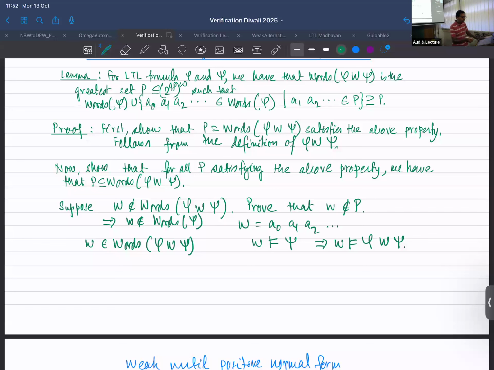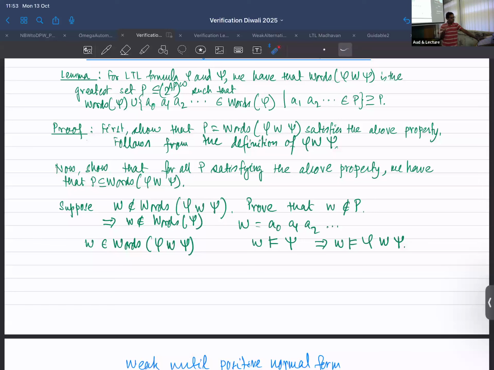So if w does not satisfy phi weak until psi, then of course w will not satisfy psi. It's just the contrapositive, right? So if w does not satisfy this, then w cannot satisfy psi.